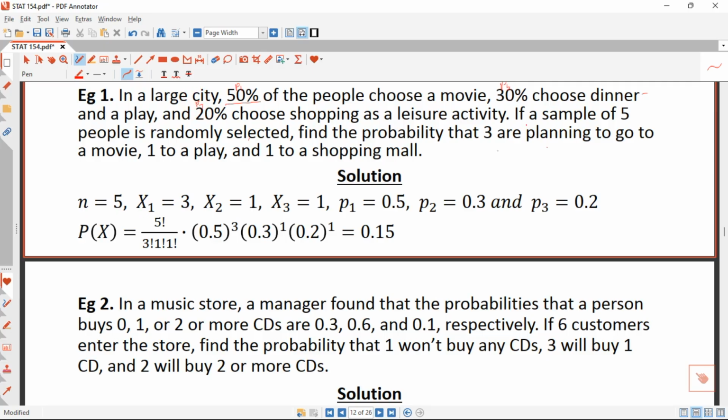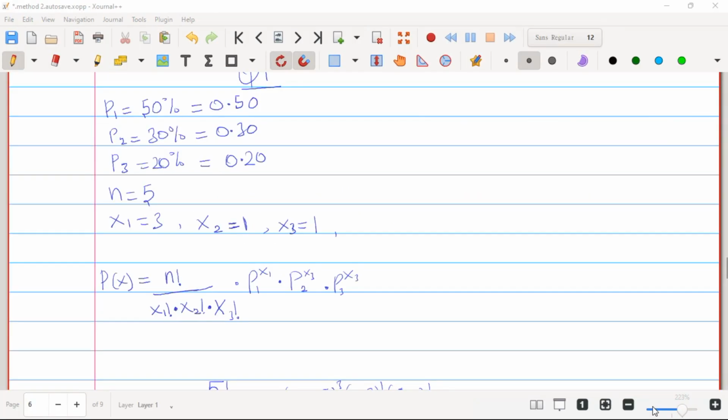And we could see that a sample of 5 people were selected at random, so here will be our N. Then they are saying find the probability that 3 are planning to go to a movie, so this gives us our X1, 3 are planning to go to a movie, X2, 1 is planning to go to a play, X3, 1 is planning to go to a shopping mall. So once we have this preamble, let's visit our worksheet.